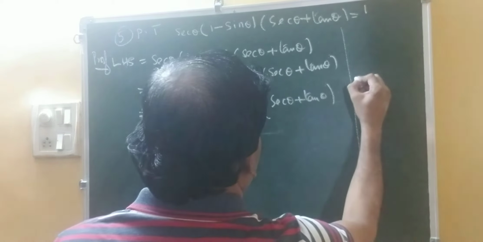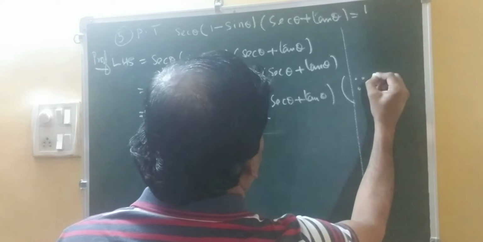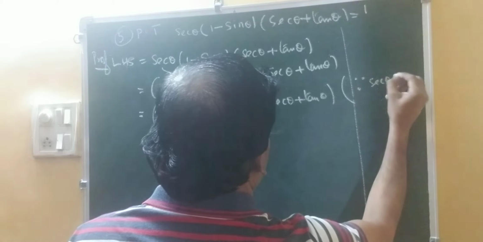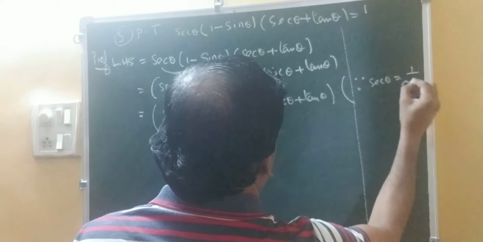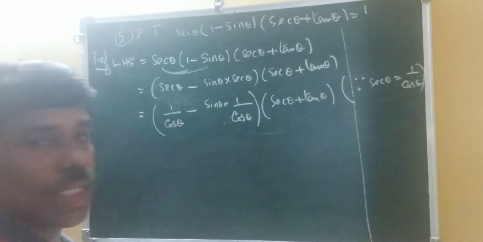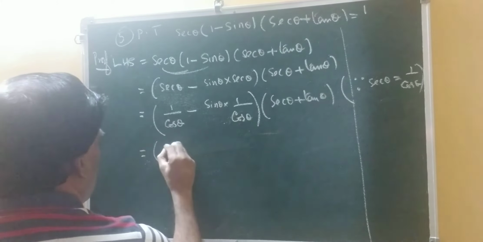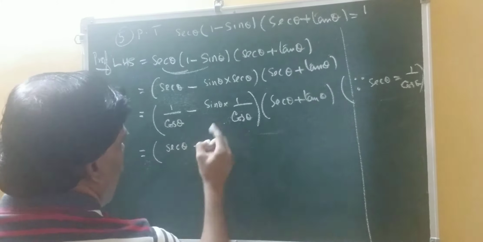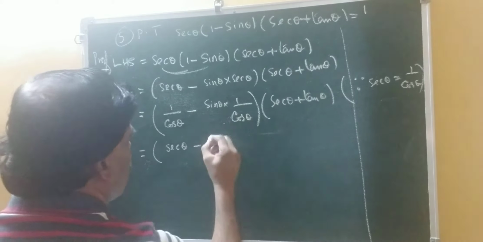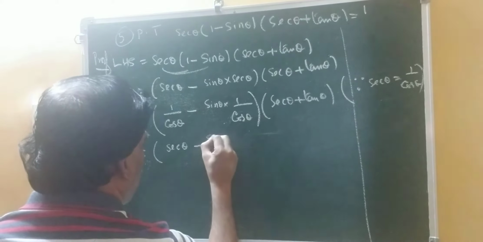Now what is the reason we wrote sec theta equal to 1 upon cos theta? That's all. Now look at this. What is 1 upon cos theta? Sec theta minus sin theta upon cos theta.